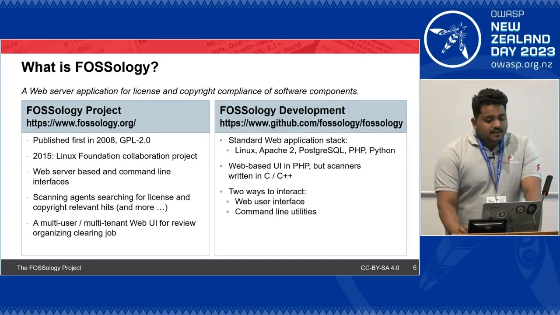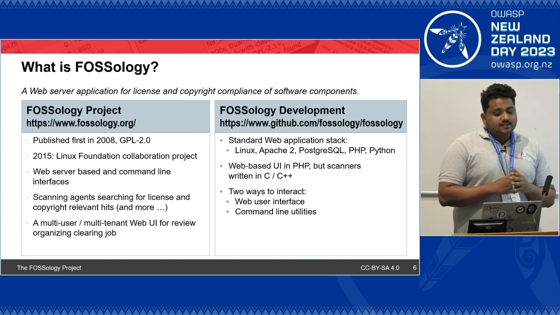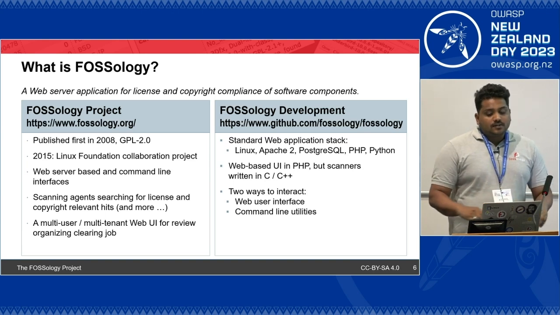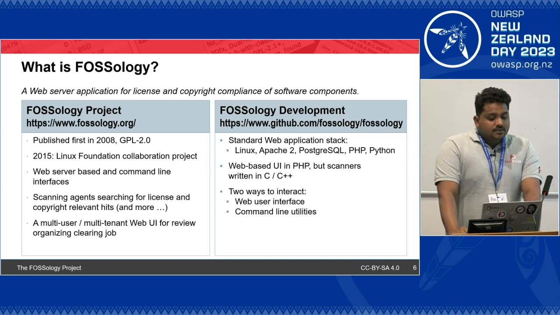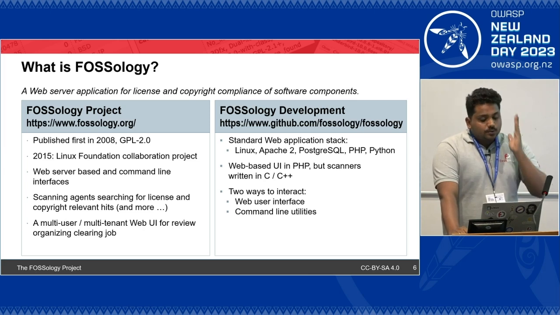FOSSology is a web server-based application for license and copyright compliance of software components. The FOSSology project was initially published in 2008 with the GPL license. And in 2015, it became a Linux Foundation collaboration project.